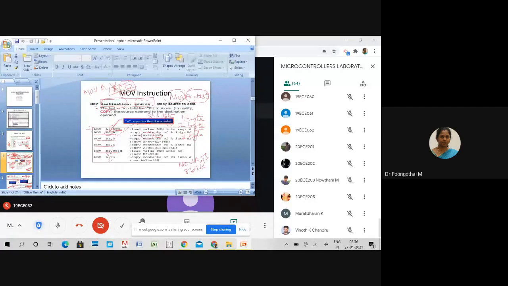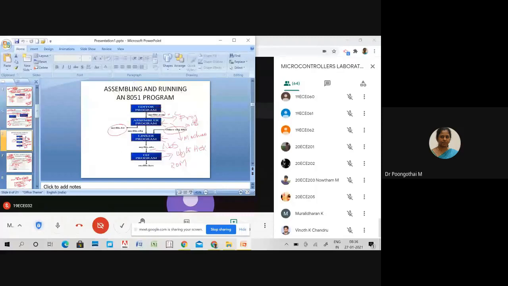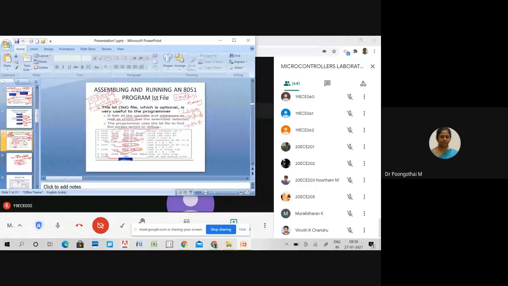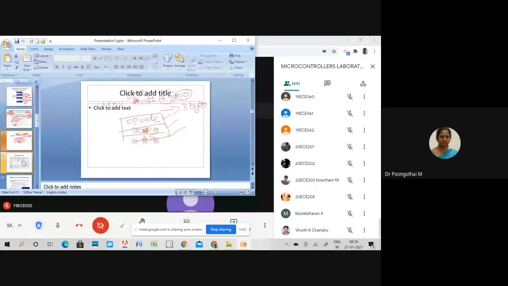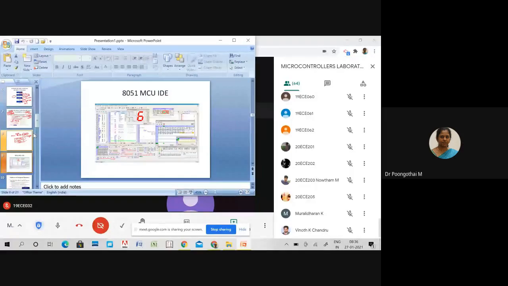I also explained the syntax of the move instruction and add instruction, the process of assembling your 8051 program, and how to create and execute codes in the 8051 NCU IDE.